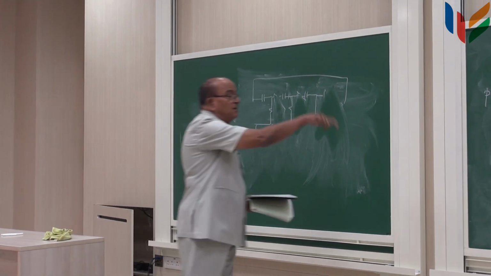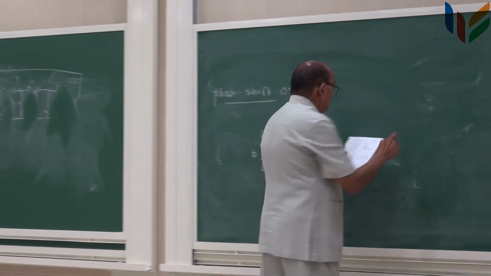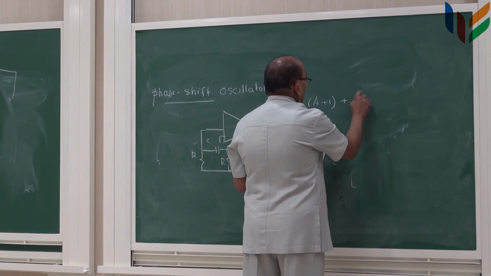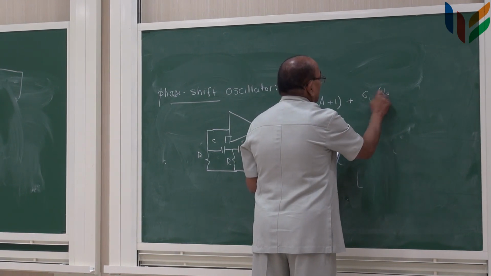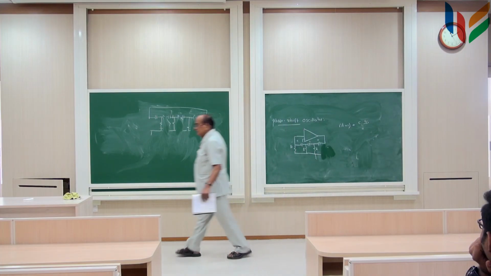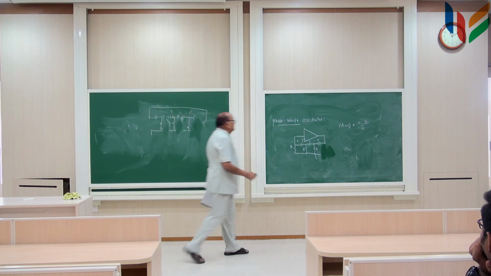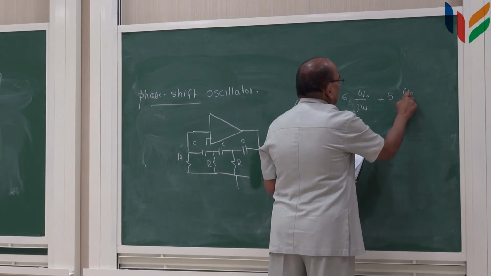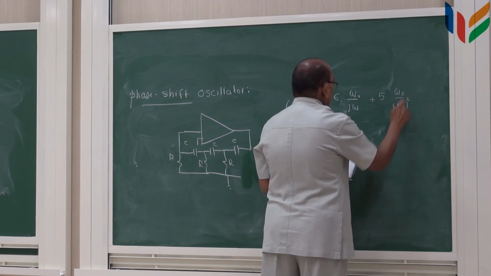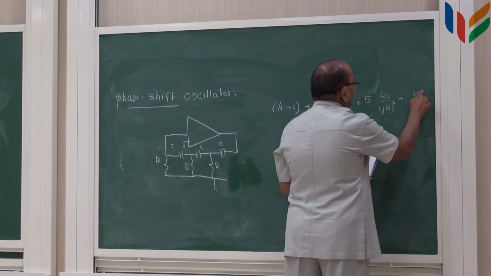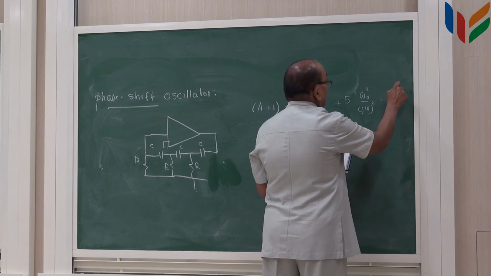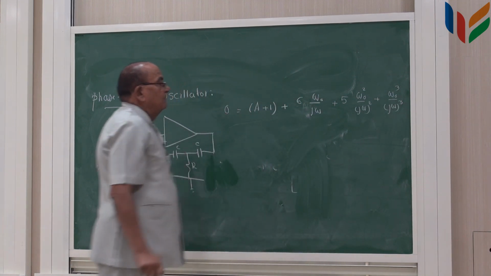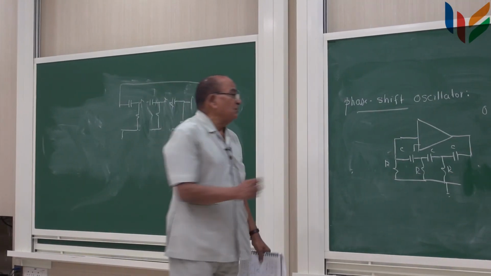Now, if you analyze this circuit for A beta and equate it to 0, you get the following equation, where omega naught is equal to 1 by RC.